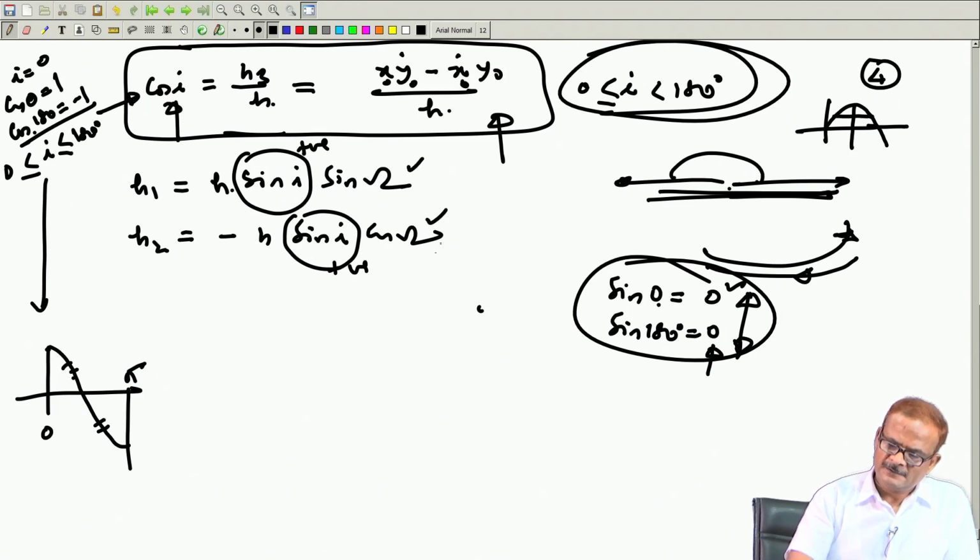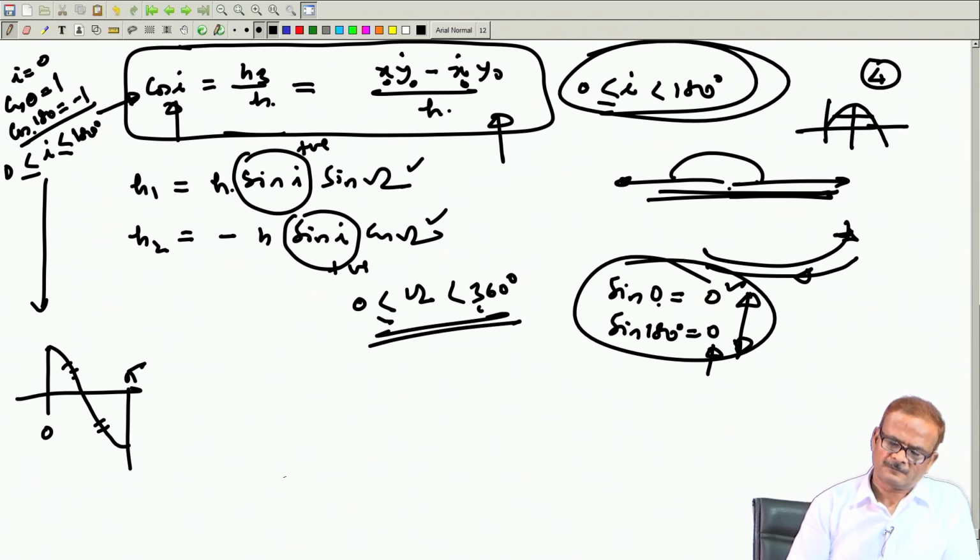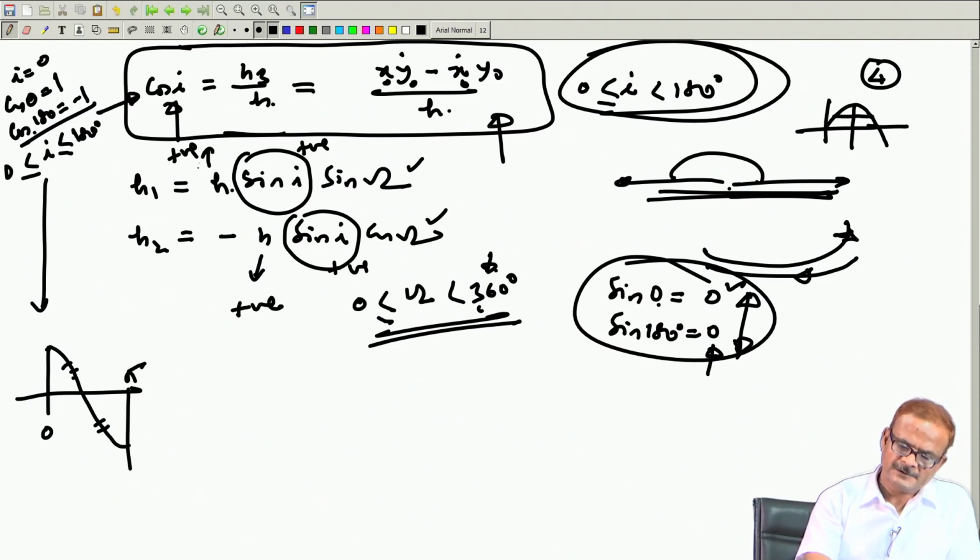This quantity capital omega varies between 0 and 360 degree. So, we have to fix it up. So, how do we fix up? We know this quantity is positive, here this quantity is positive.